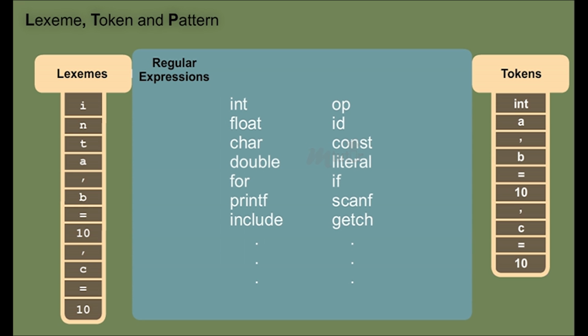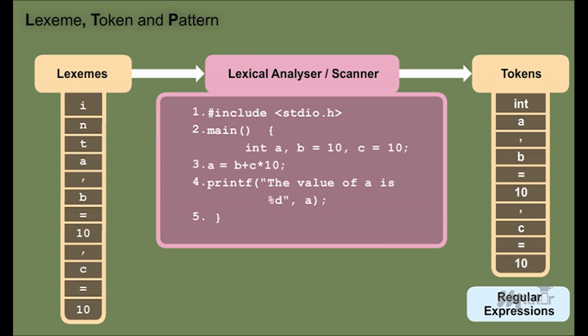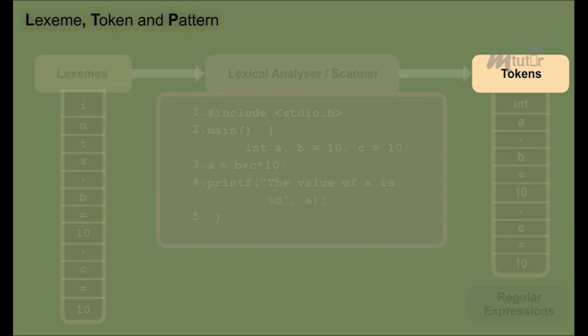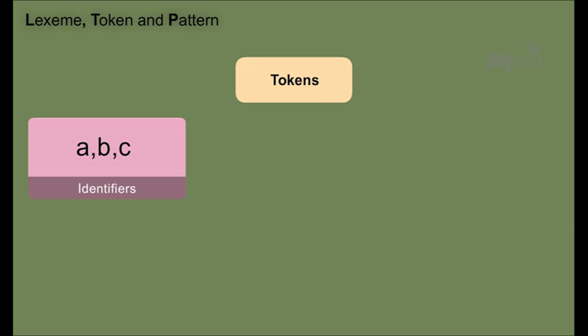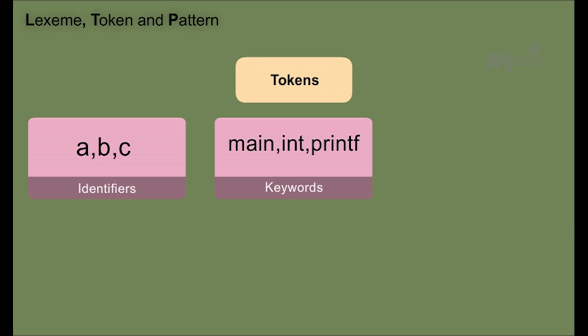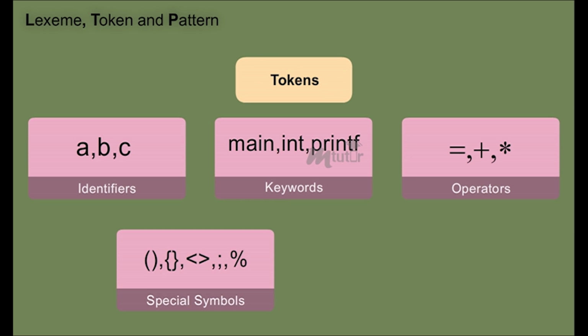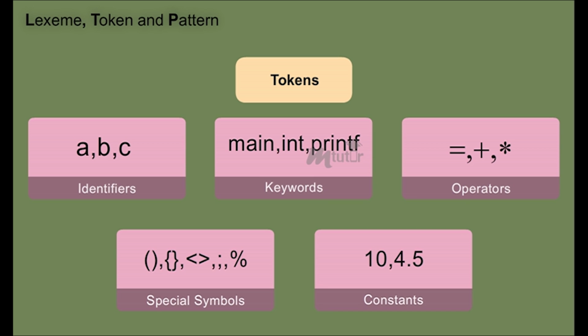These patterns are defined by means of regular expressions. The lexemes, which are a series of atomic units that can't be split further, are categorized into blocks called tokens. The typical tokens are identifiers, keywords, operators, special symbols, and constants.